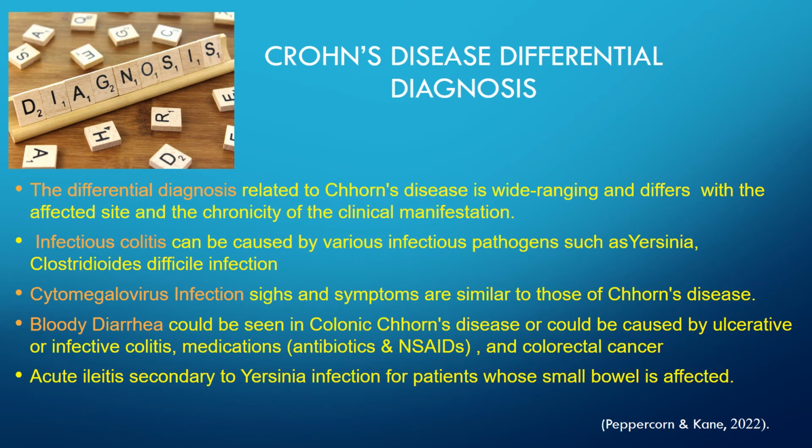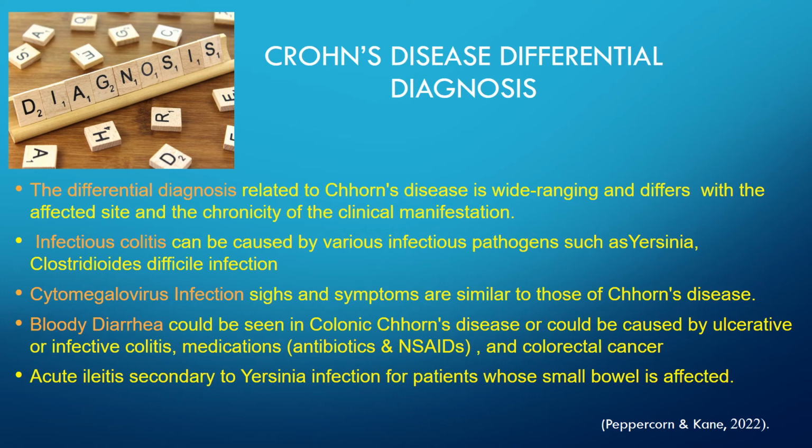The differential diagnosis related to Crohn's disease is wide-ranging and differs with the affected site and the chronicity of the clinical manifestation. Infectious colitis can be caused by various infectious pathogens such as Yersinia, Clostridium difficile infection, and cytomegalovirus infection.